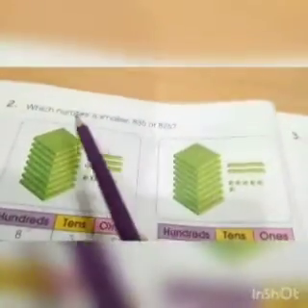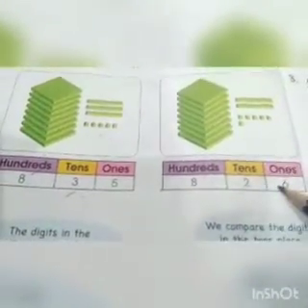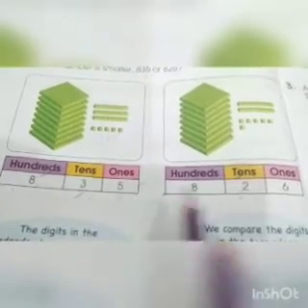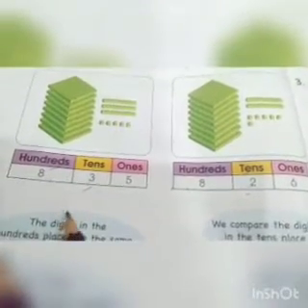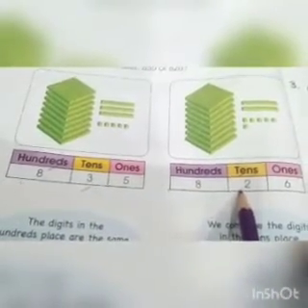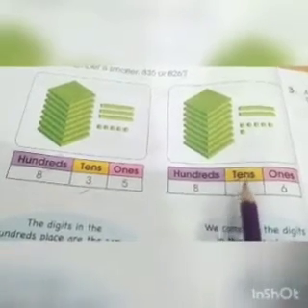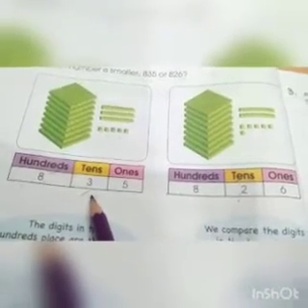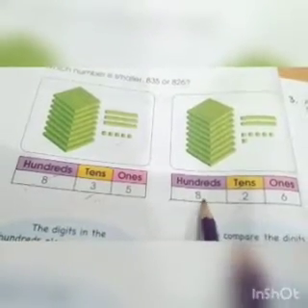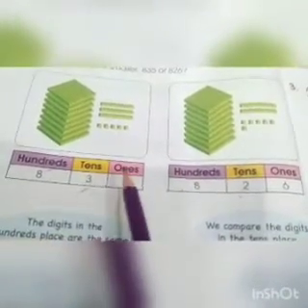But the question is, which number is smaller? 826 is smaller than 835. 2 tens is smaller than 3 tens. 3 tens is greater than 2 tens, and 2 tens is smaller than 3 tens. 826 is smaller than 835.